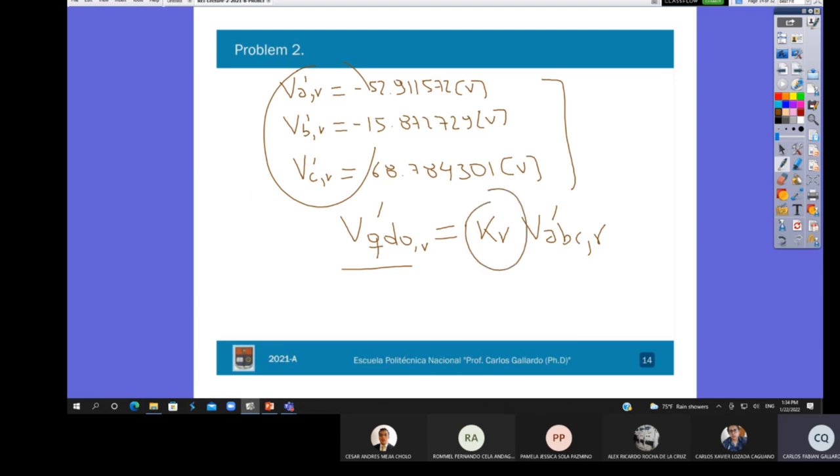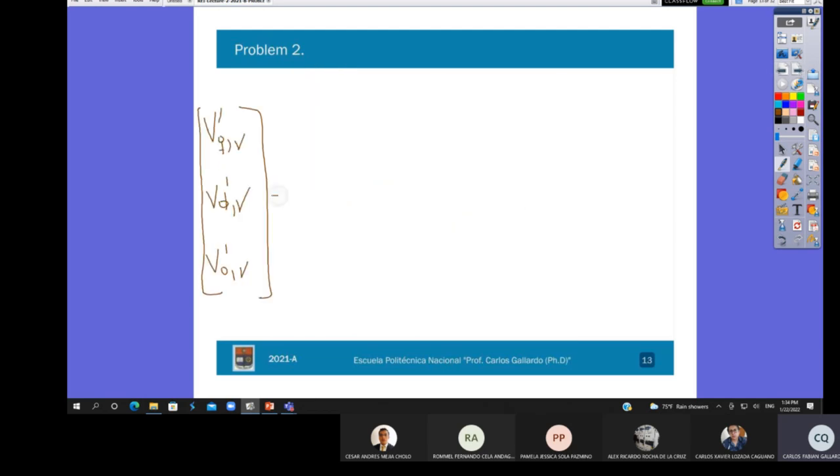Next, I need the transformation matrix. So I will have cosine of the stator electrical speed minus the rotor electrical speed times the time, minus 0, because it's the reference. This is the term 1 by 1 of the matrix.